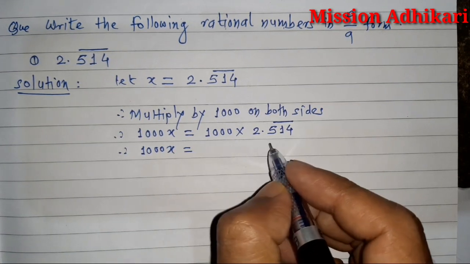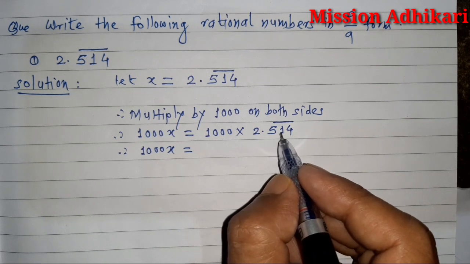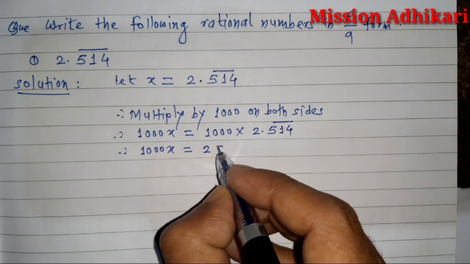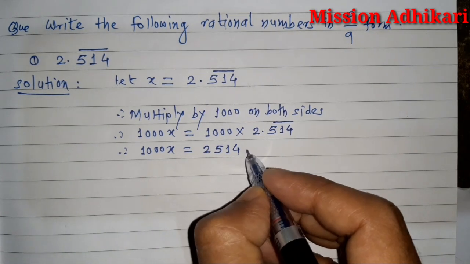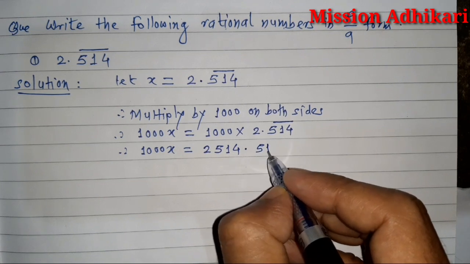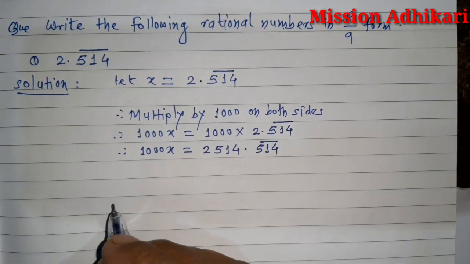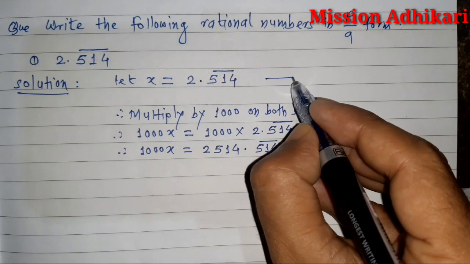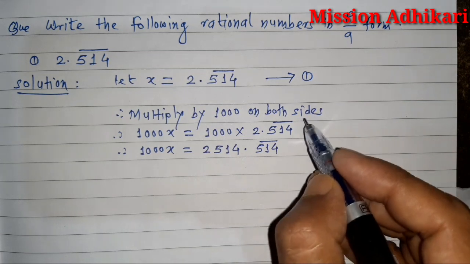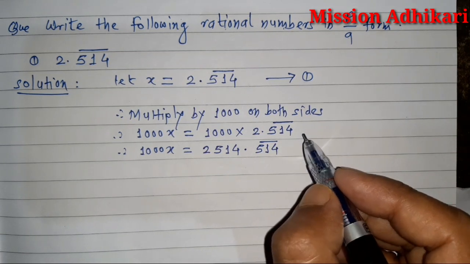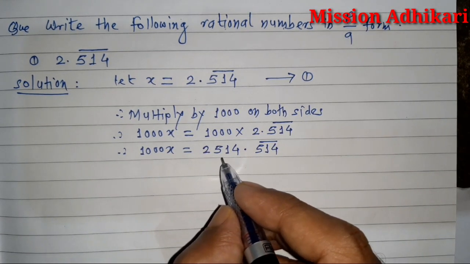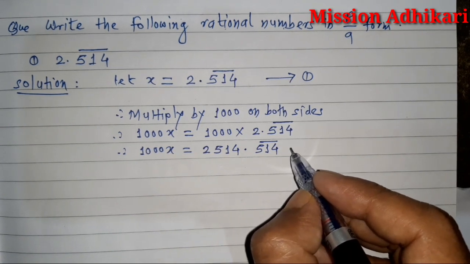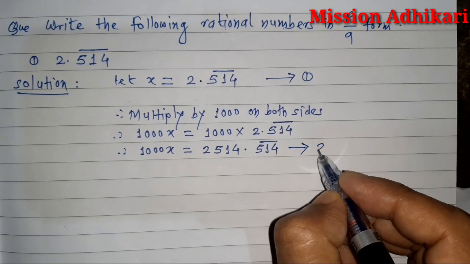When we multiply 2.514 recurring by 1000, we get 2514.514 recurring. Now we give equation number 1 as x is equal to 2.514 recurring, and 1000x is equal to 2514.514 recurring is equation number 2.